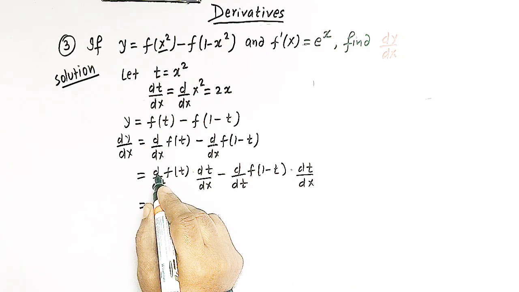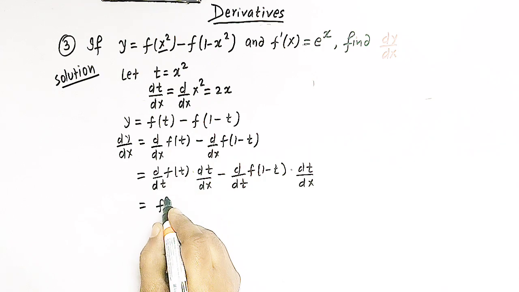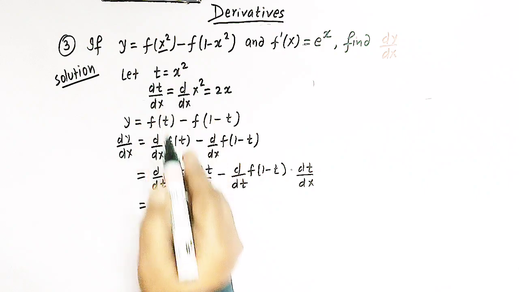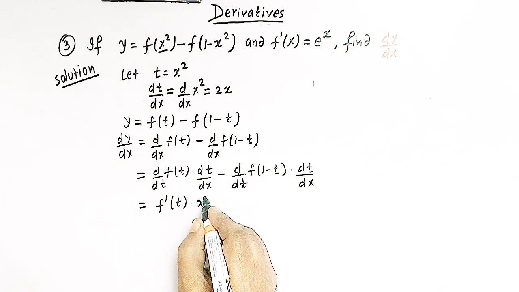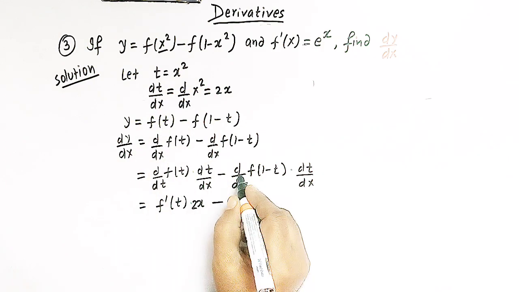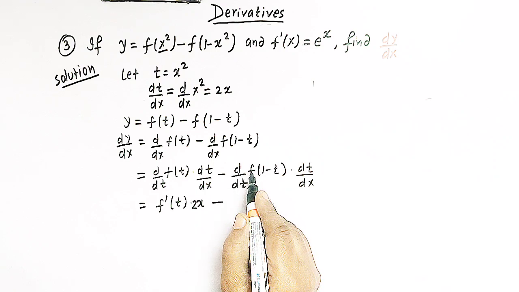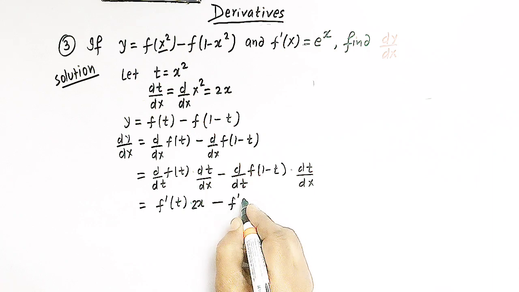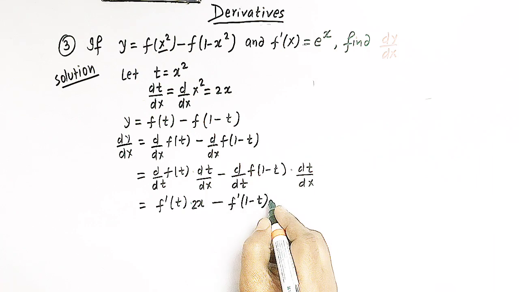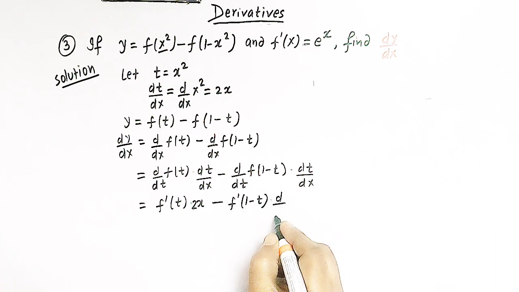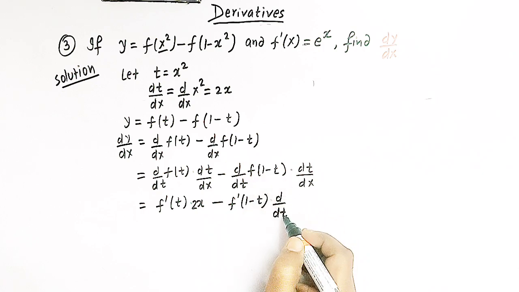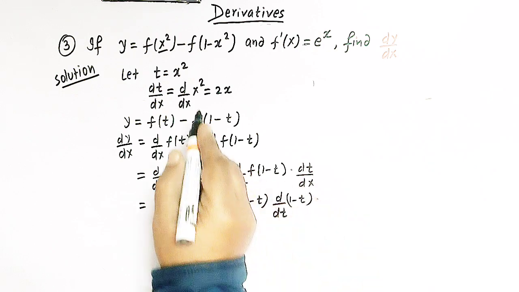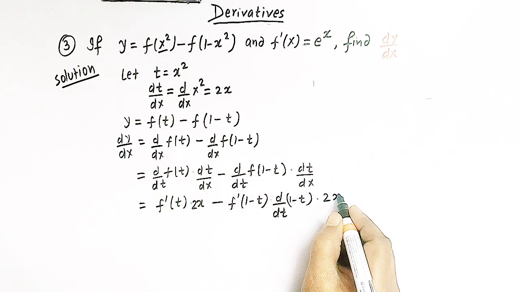So now d by dt of f of t is simply f prime of t, and for dt over dx we can write 2x. The derivative of f of 1 minus t with respect to t can be written as f prime of 1 minus t, and then by chain rule we have to differentiate 1 minus t with respect to t, and for dt over dx we write 2x.